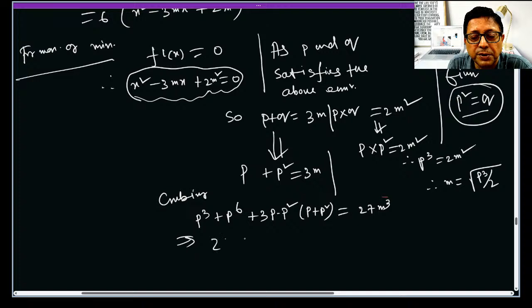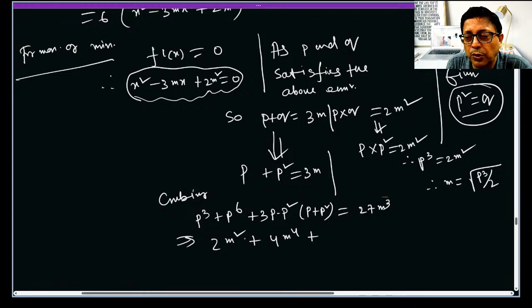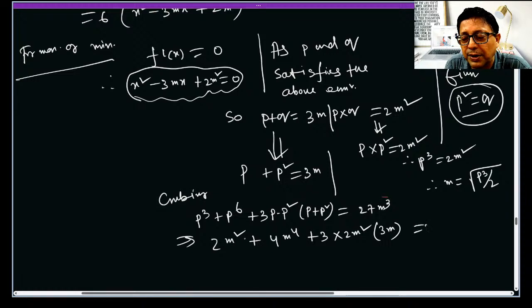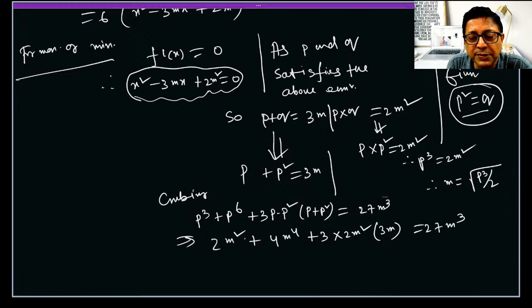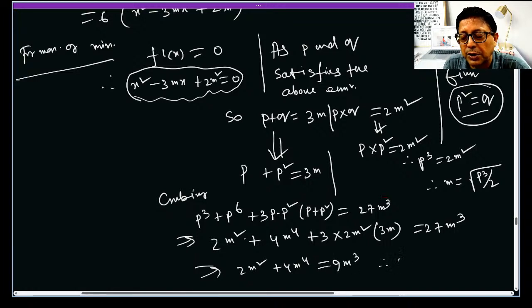P cube, 2m square, 4m4, 3 into 2m square into 3m, 27 m cube. Clear? So this is going to be 2m square, 4m4 equal to 9m cube. So m square you take common.